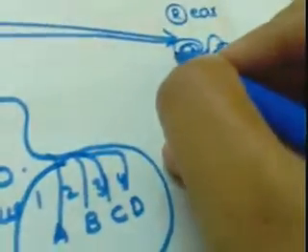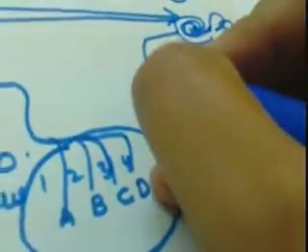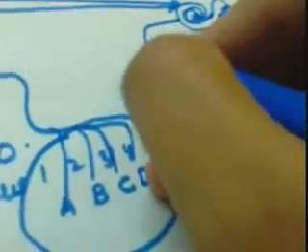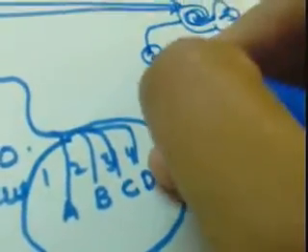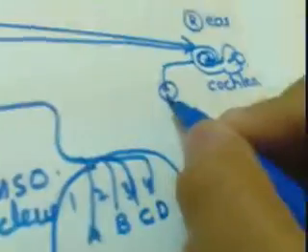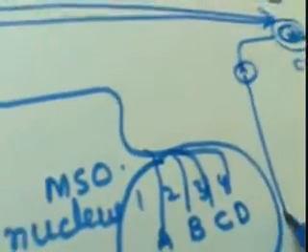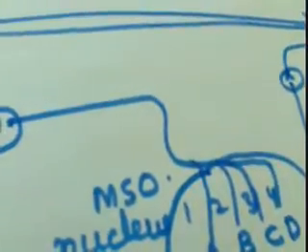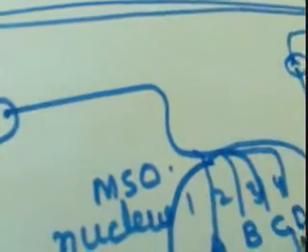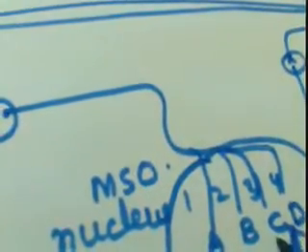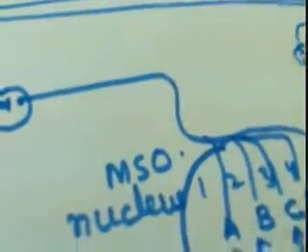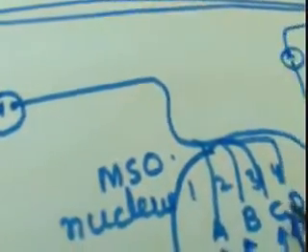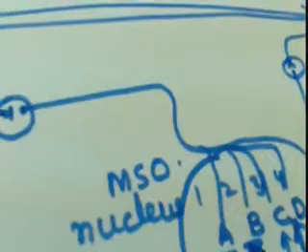And from the right ear, as usual, the information will go to the cochlear nucleus of the right side. And from there, it goes very fast to neuron D, neuron C, neuron B, and neuron A. It's like this.